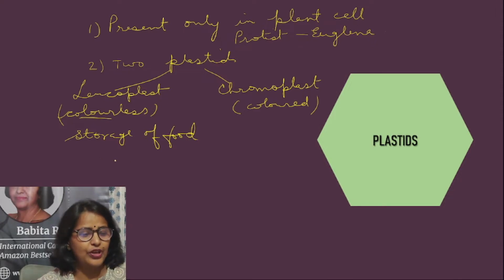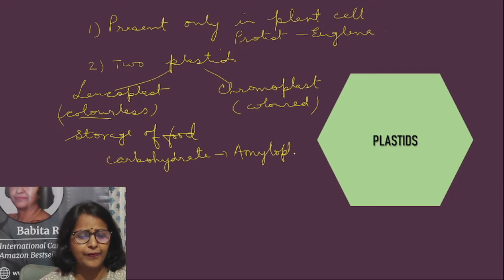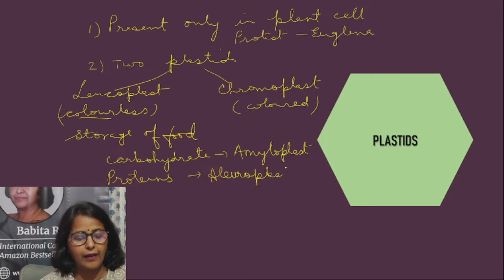So, for storage of carbohydrate, we have amyloplast. For proteins, we have aleuroplast. And for fats and oils, we have elaioplast.